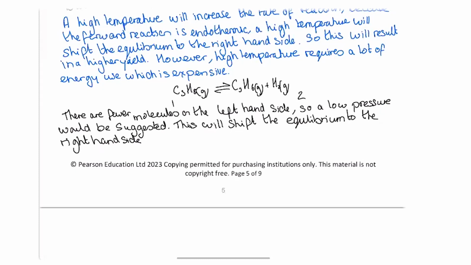And because we want to be thinking about the yield here as well as the rate of reaction, if we're shifting things to the right-hand side, we're going to be increasing the yield. However, if we have a higher pressure, that is going to increase the rate but decrease the yield.